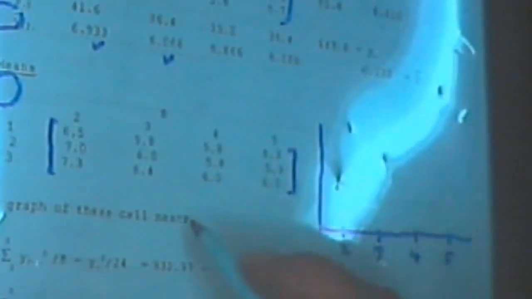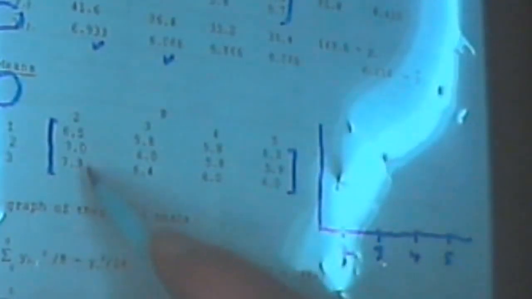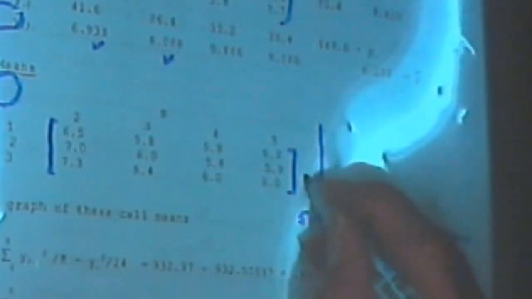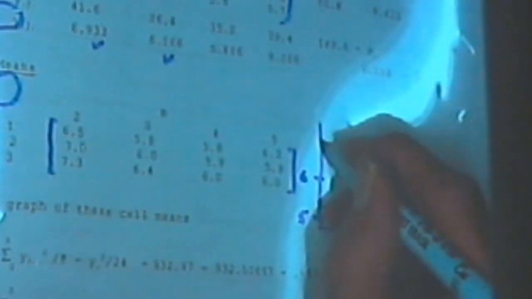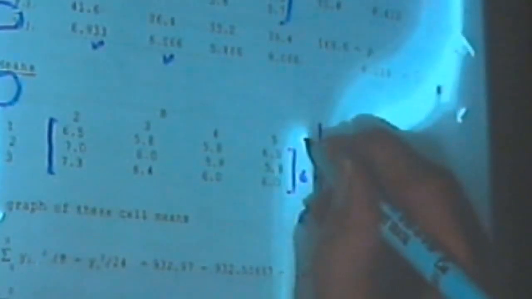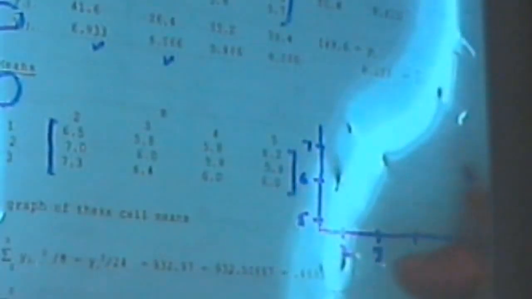And then I need some kind of vertical scale running from 5 to 7.5. So maybe if that's 5, 6, 7, and then a little higher.